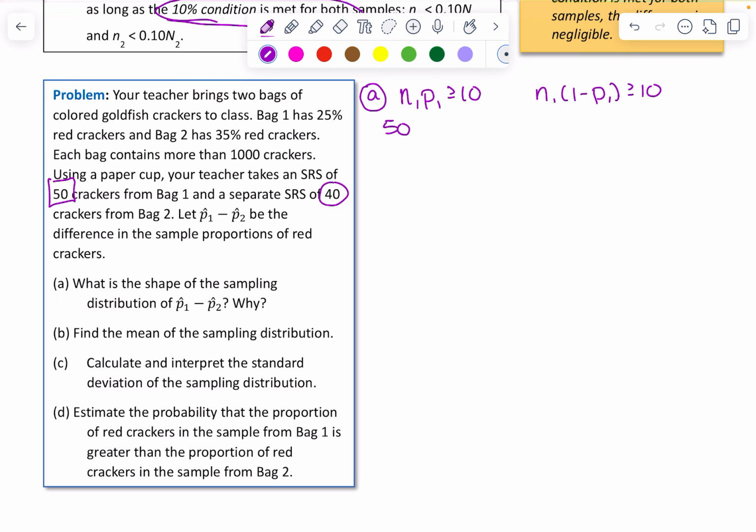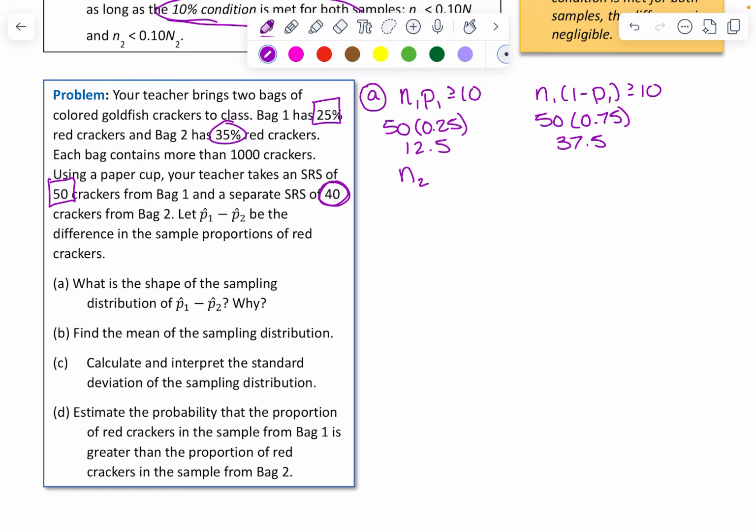This 50 goes with this 25%, and then the 40 goes with the 35%. So 50 times 0.25, that's going to be 12.5. That's bigger than 10. And then we have 50 times the complement, 0.75, 37.5. They're both bigger than 10.